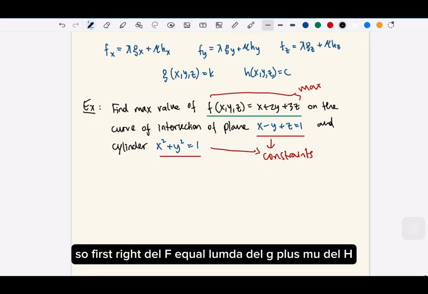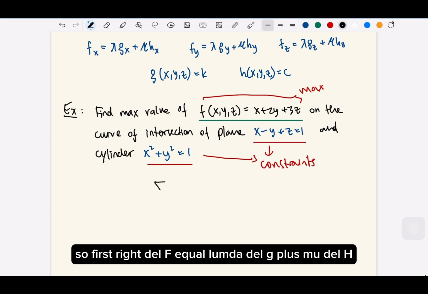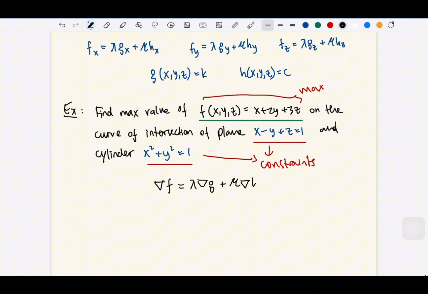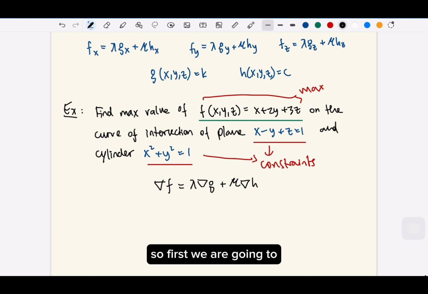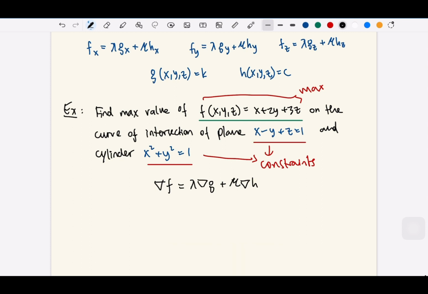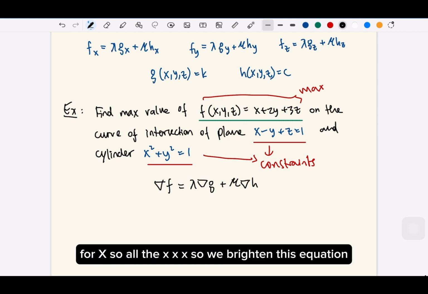So first, write del F equals lambda del G plus mu del H. So first we are going to partially derive for x. So we write in this equation.